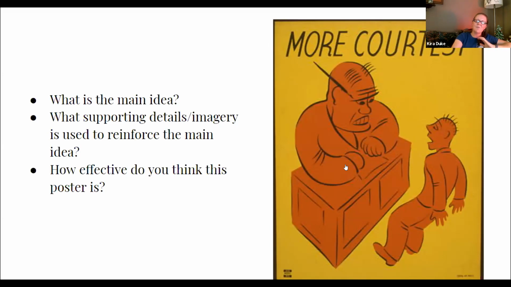So what do we think, again, this is promoting customer service and being nicer to people when they come in to your place of work. Like, what is the supporting detail here that reinforces that message?